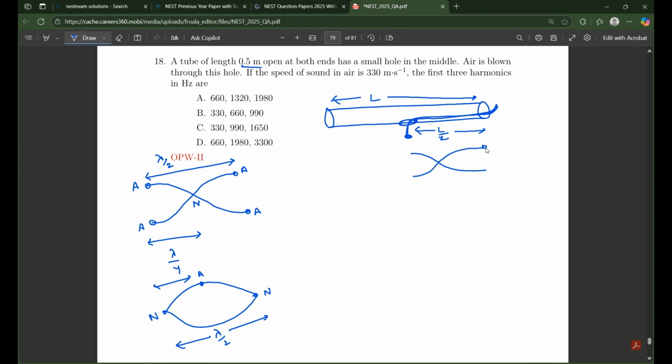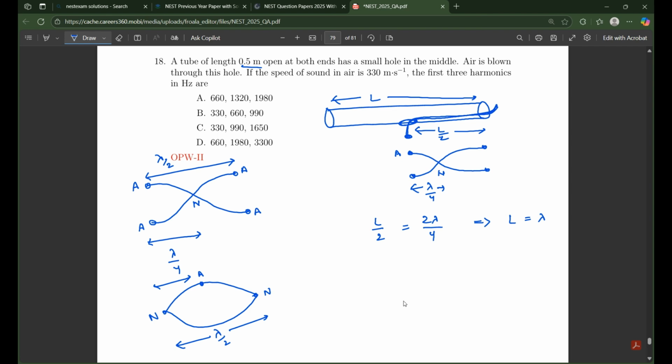So this is possible for the first harmonic. Between an antinode and a node the distance is lambda by 4. So what is this total distance? The total distance L by 2 is equal to lambda by 4 into 2, that is 2 lambda by 4. So L is equal to lambda from this equation.